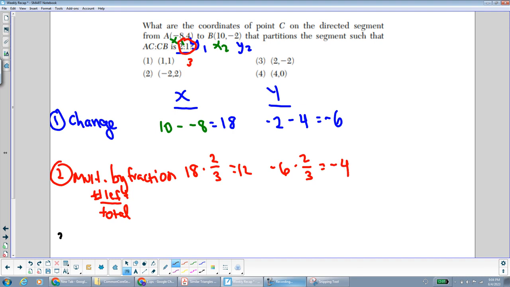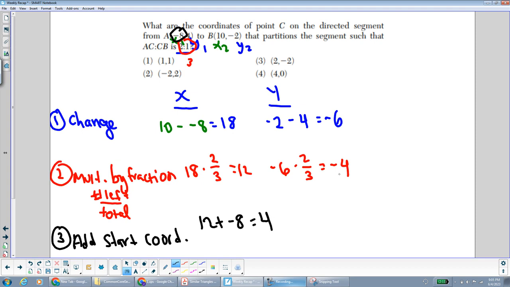And there's one more step: we're going to add the start coordinate. For the x coordinate, to our result, 12, we add the starting x coordinate, which was -8, and that gives us 4. And to our y value that we found before, we're going to add the starting y coordinate.